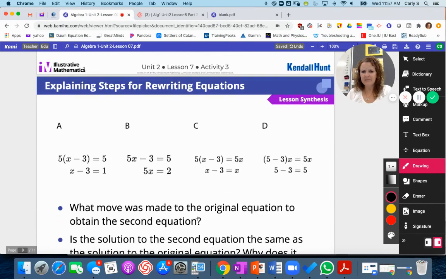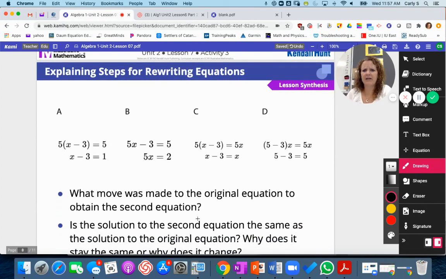All right, explaining steps for rewriting equations. Here, distribution property. Here, subtract 3 from both sides. Here, divide both sides by 5.